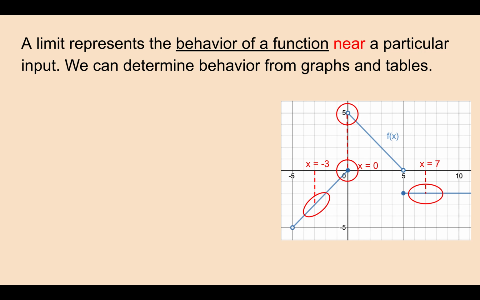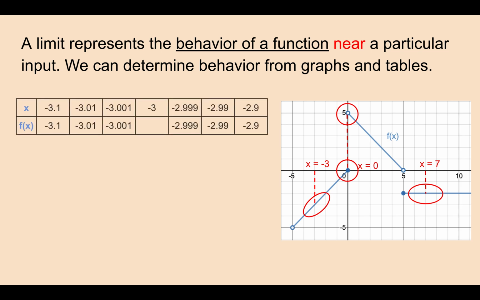Okay, so here was the graph we initially found behavior for, and I just want to show you how the table does the same thing. Here's the table for -3, and you can see how I approach -3 from the left, and I approach -3 from the right. Try to visualize what's going on with the tables in these terms. I'm below -3 and come up to -3, and I'm above -3 and come down.